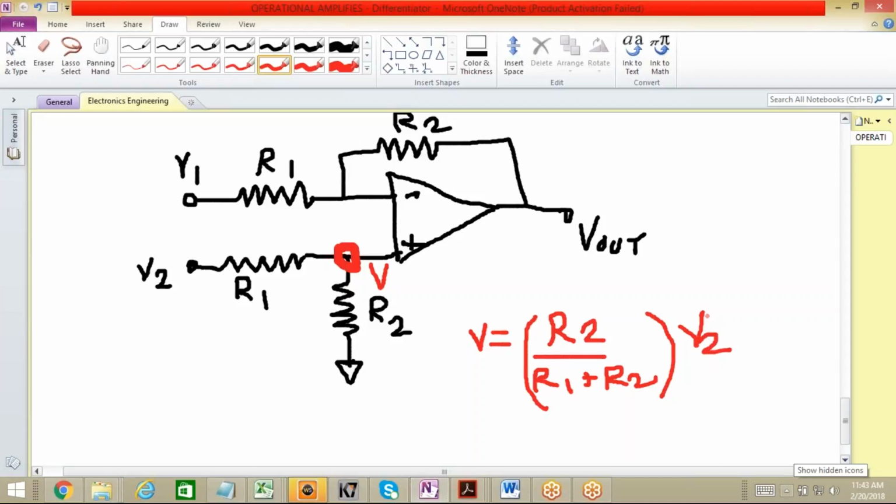Now for a moment, let's say V1 is 0. If V1 is equal to 0, then again it will be a non-inverting configuration. Then what will happen?